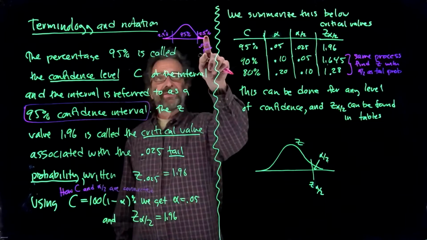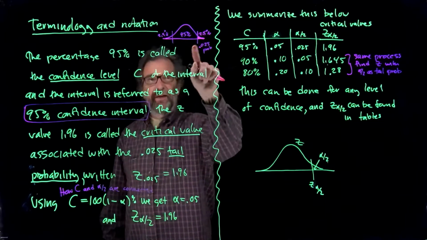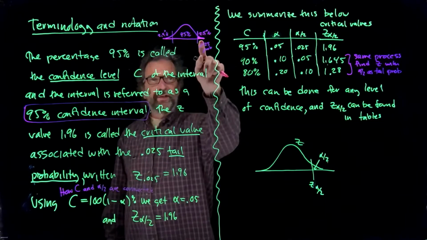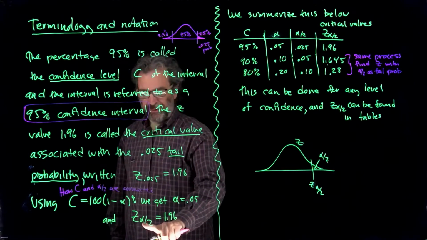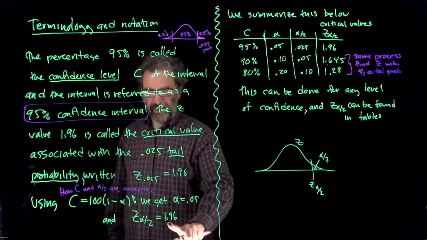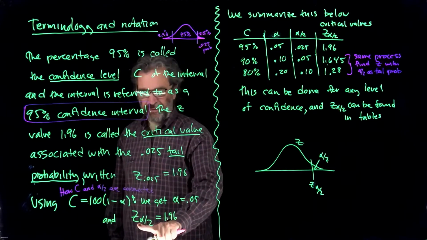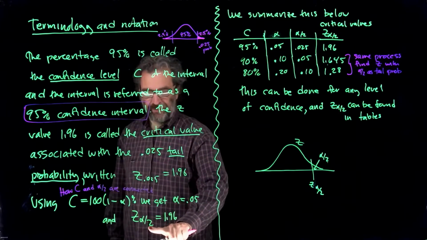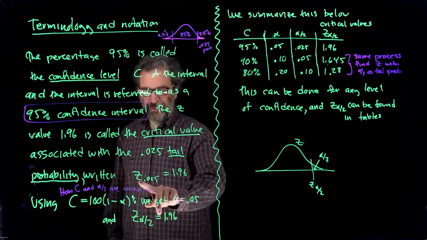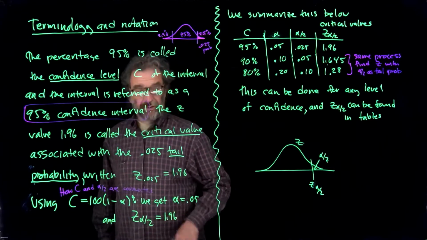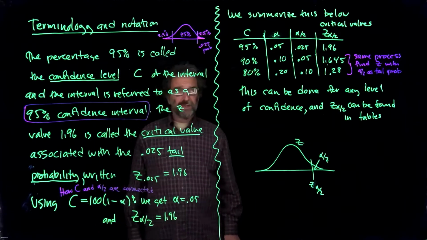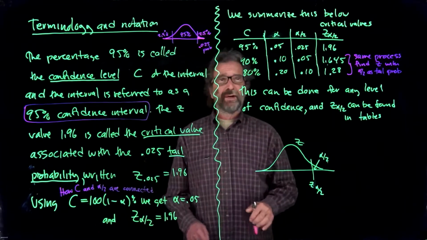And that 0.05 is the sum of these two halves here. And you divide that by 2 to get the tail probability, and you associate the z with that tail, that has that tail probability. You call it z alpha over 2, that number 1.96. We call it the critical value for alpha over 2 tail probability, or the critical value, for in our case, for 0.025.